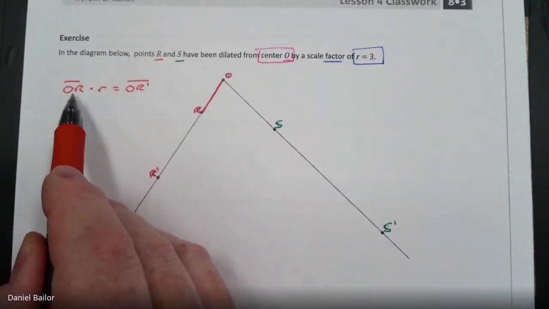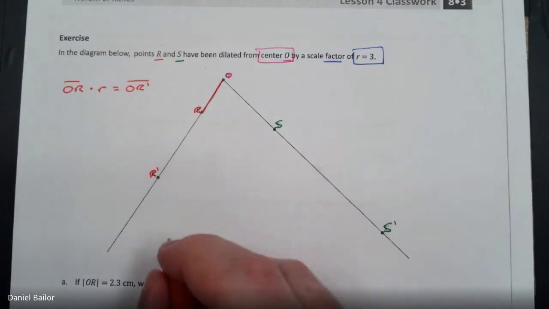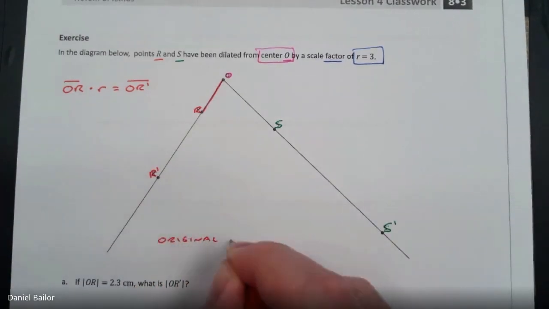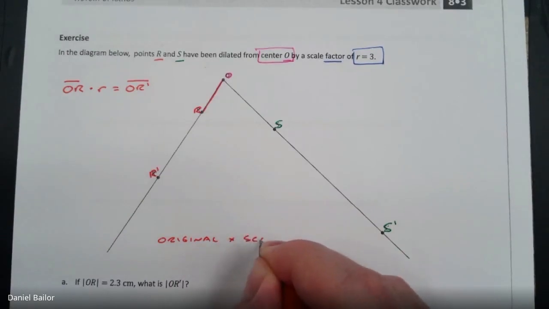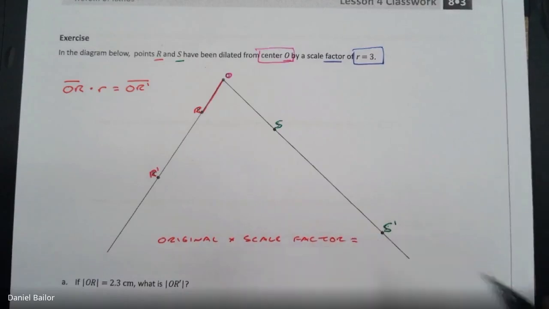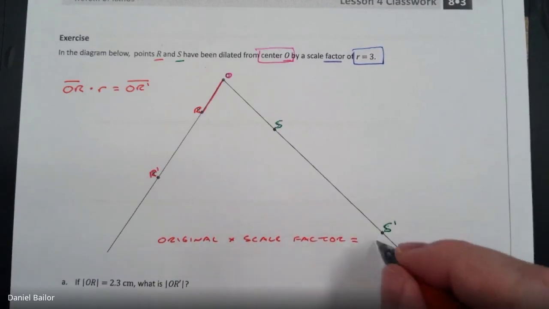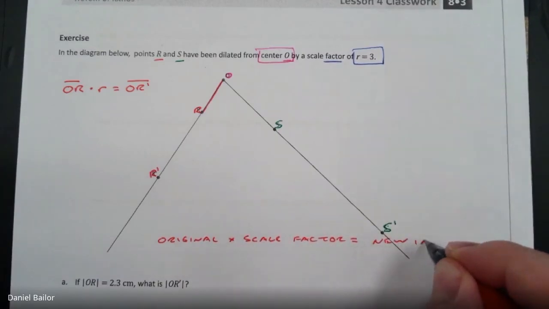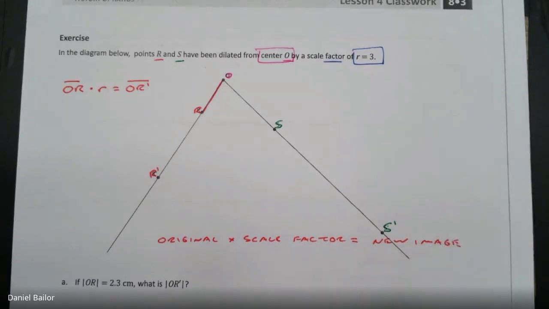The original, I'll write it down here, original times the scale factor equals the new image. The original times the scale factor equals the image. And that's also true over here for S and S prime.